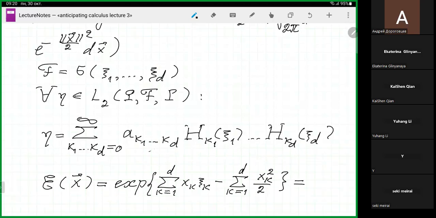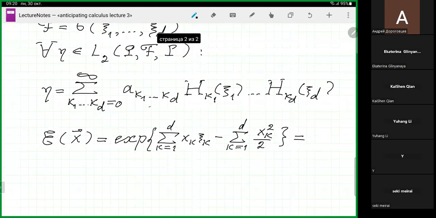And this sum in the brackets can of course be rewritten using the notations from geometry in R^d.